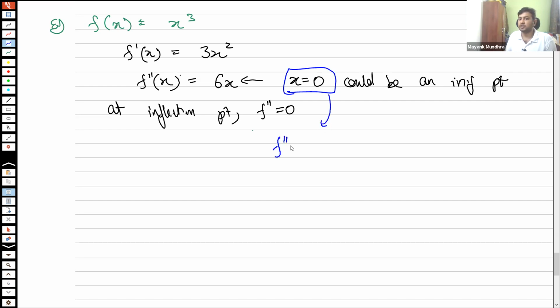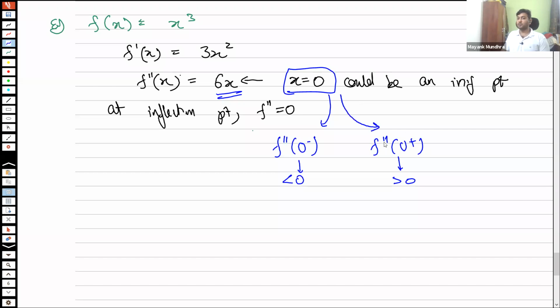For that, you need to check f double prime at 0 minus and f double prime at 0 plus. They should be of opposite signs. I know that f double prime at 0 minus is 6 times x, so that's going to be negative, and f double prime at 0 plus, since x is positive, this will be positive. So f double prime is changing its sign around 0, so that's why x equals 0 is an inflection point.